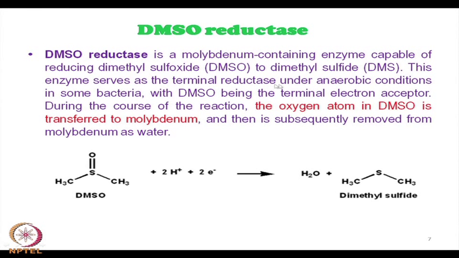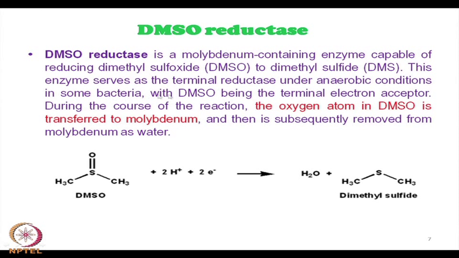It is a terminal reductase under anaerobic conditions in some bacteria, because under anaerobic conditions you do not require dioxygen, and that immediately tells us that dioxygen from air or any other source is not required for this type of reaction.